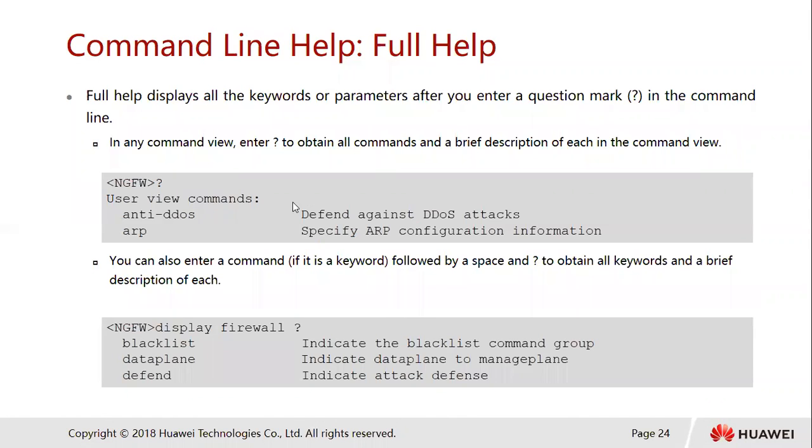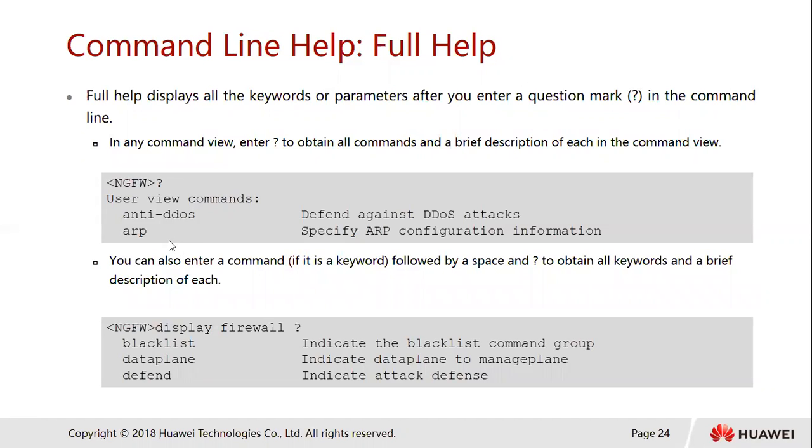Okay, full help. So the other goodness with this networking operating system, VRP, is the question mark command. So the question mark command is going to help you find which command to use. So question mark, and it will list the commands.